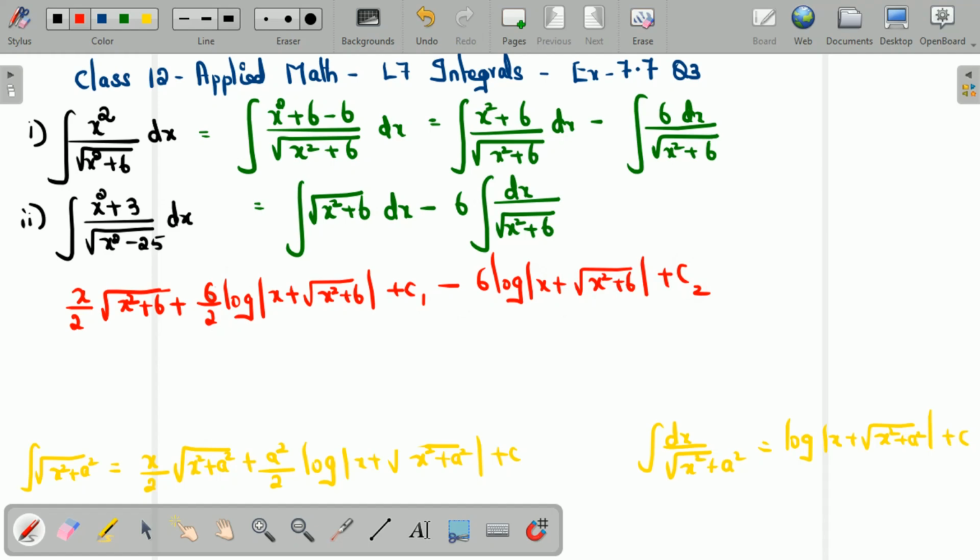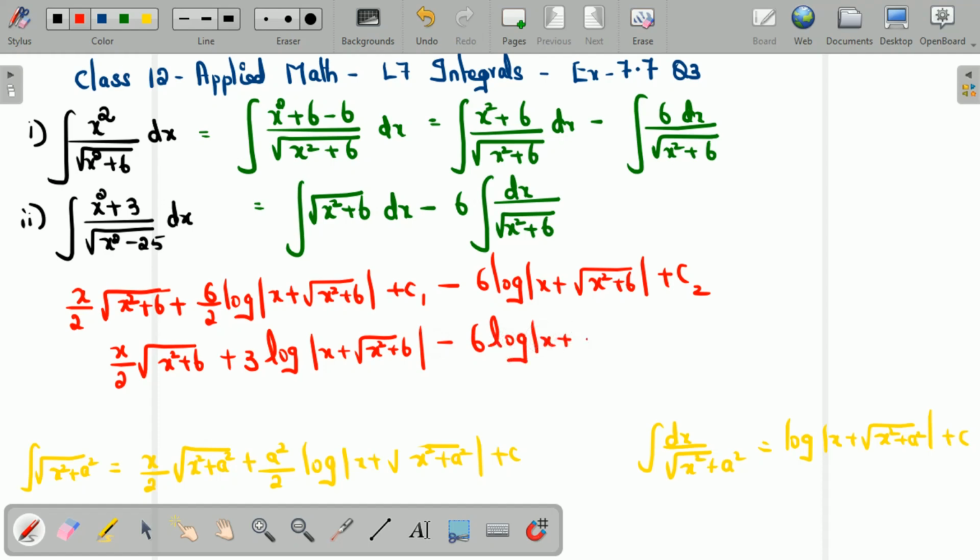Now I can simplify this. So this will be x by 2 root of x squared plus 6 plus 3 log of x plus root of x squared plus 6 minus 6 log of x plus root of x squared plus 6 plus c. I'm combining the c1, c2 and all as one variable.